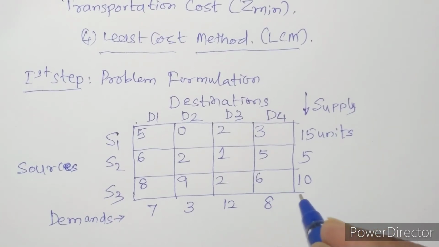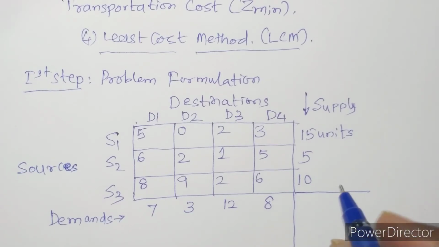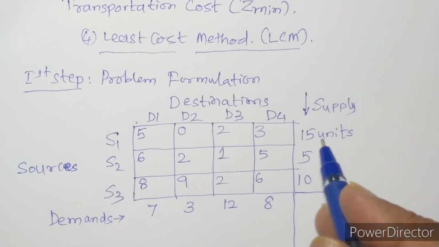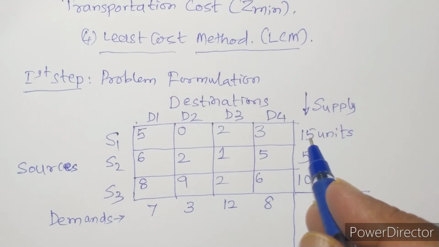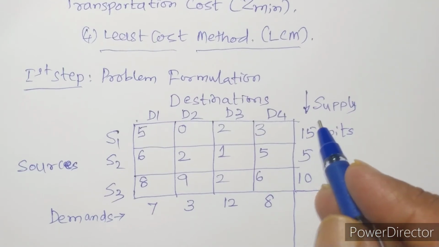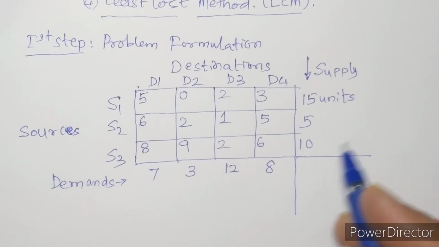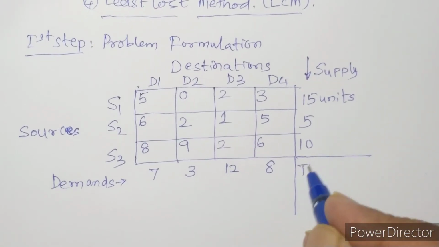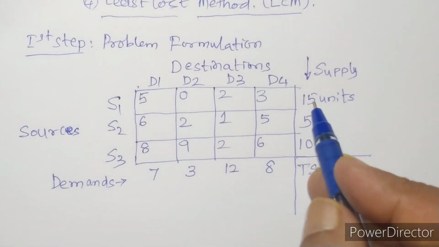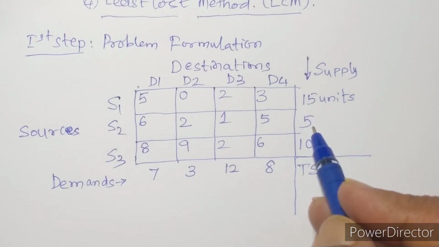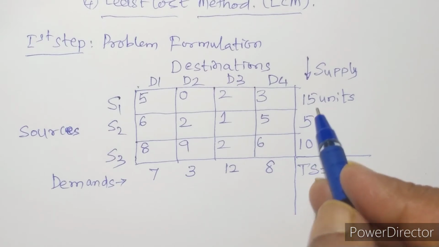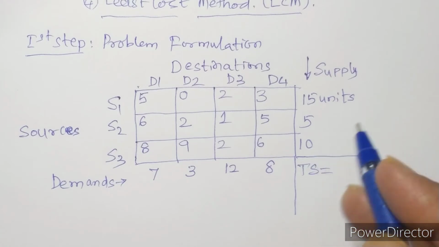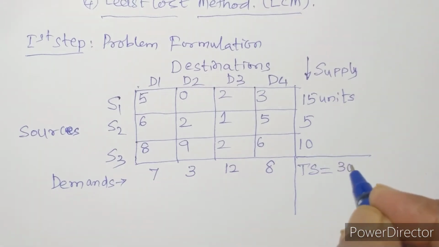Now the next step is to find whether the problem is balanced or not. For checking the balance of the problem, we have to take the total supply, TS, which is the sum of the units written to the right side of the rows: 15 plus 5 plus 10 is 30 units of total supply.